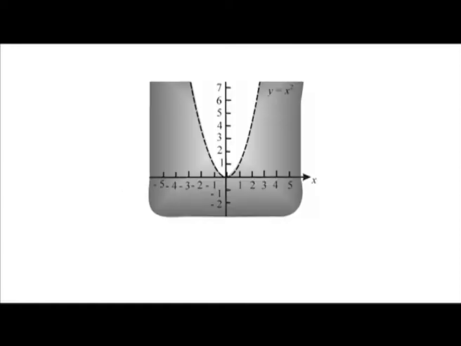Hence, the function f(x, y) = ln(x^2 − y) is defined only when x^2 − y > 0, or x^2 > y, or y < x^2. We first sketch the parabola y = x^2 as a dashed curve.